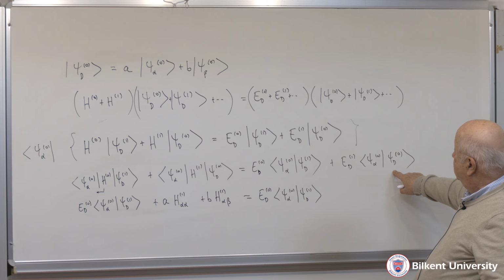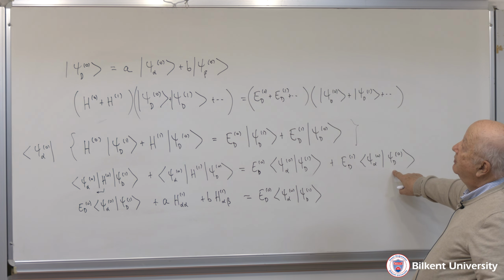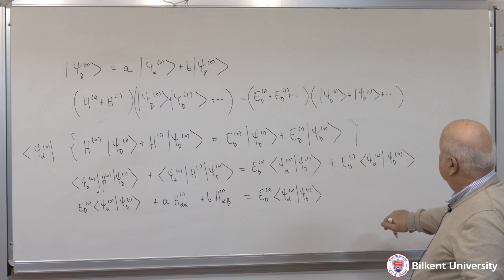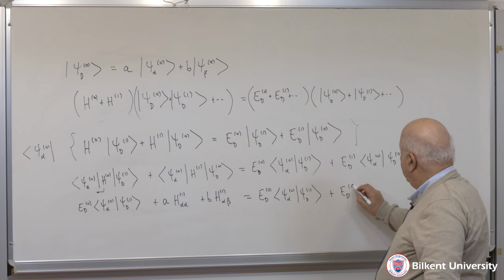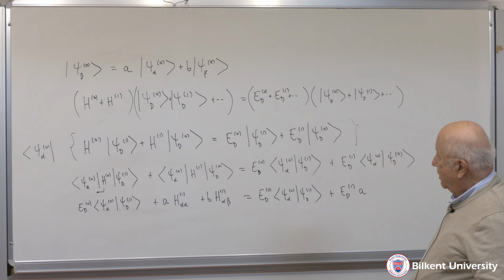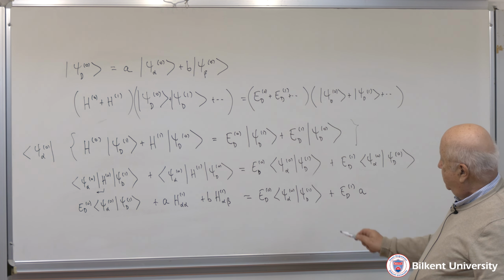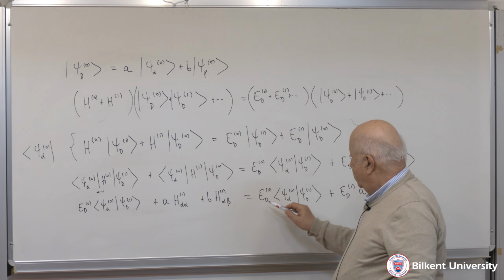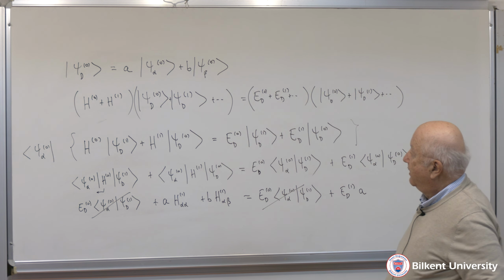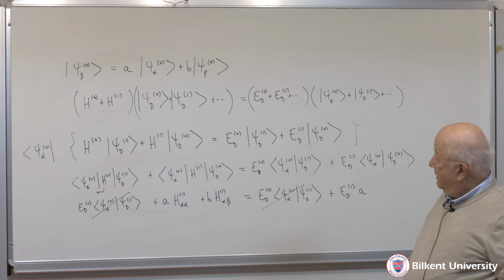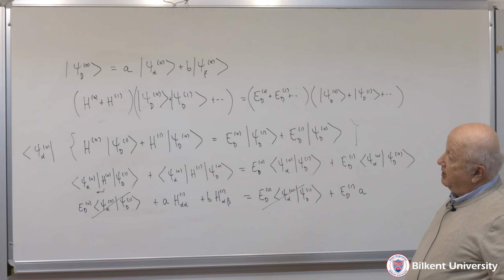Careful, not psi d0, zero. It's a. E d1 times a. So you see that this term and that term are the same, so I cancel those. So I have an equation like this.